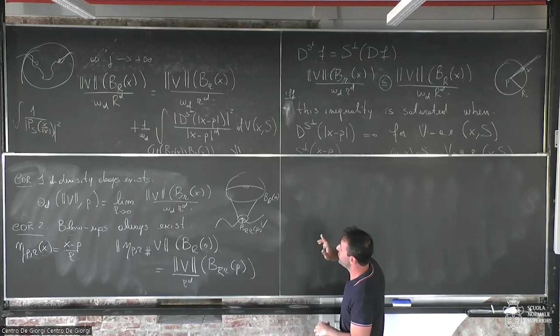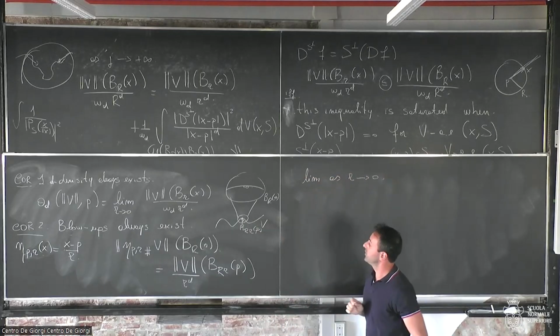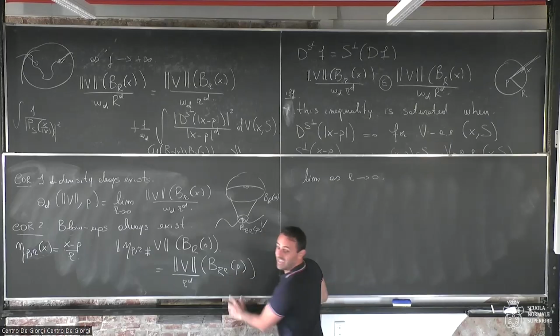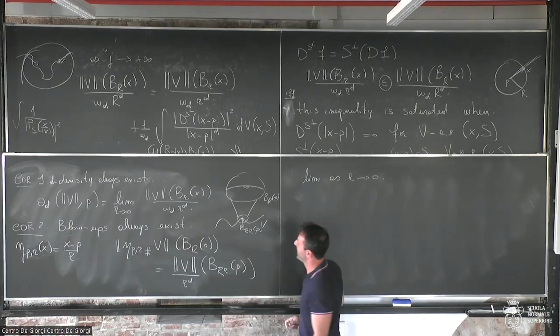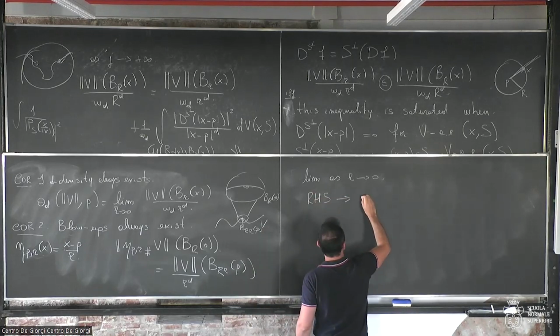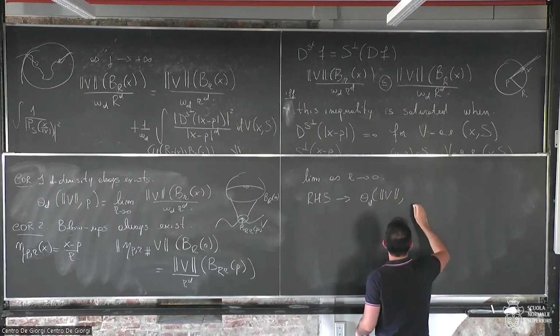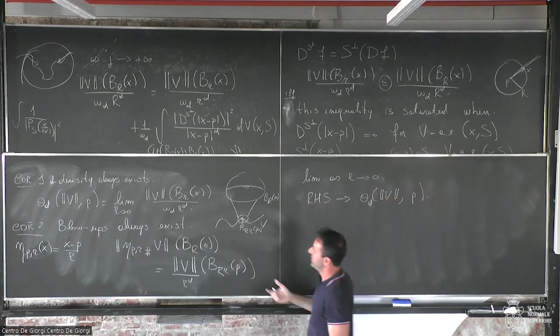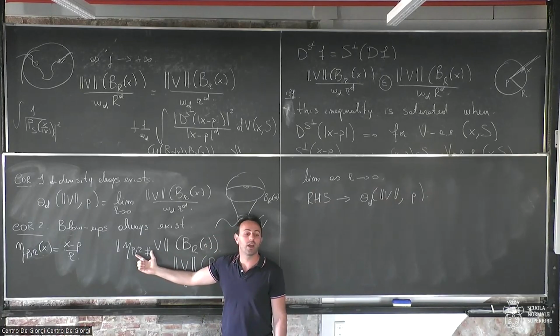Okay, so now if you take the limit as R goes to 0, this guy is converging to the density that we know exists. So the right-hand side converges to the density of the mass of the varifold. So in particular, you know that this guy has a measure which is locally bounded, uniformly locally bounded.